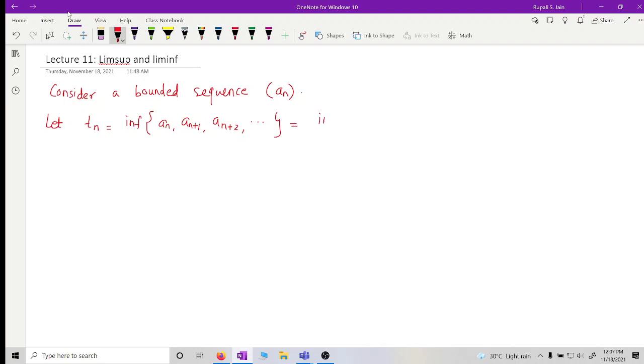That is, the infimum is taken over k greater than or equal to n of a_k.